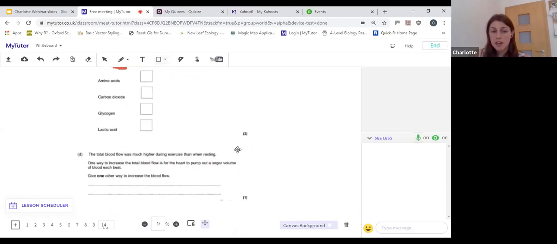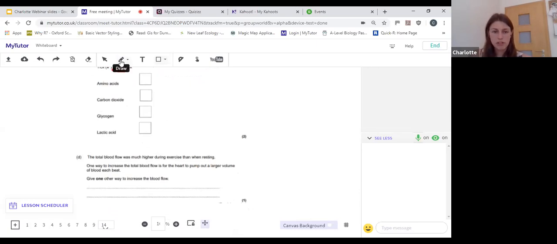And then part D, before we turn over to reveal the answers again. The total blood flow was much higher during exercise than when resting. Okay. One way to increase the total blood flow is for the heart to pump out a larger volume of blood each beat. Larger volume is the key word there. Give one other way to increase the blood flow.